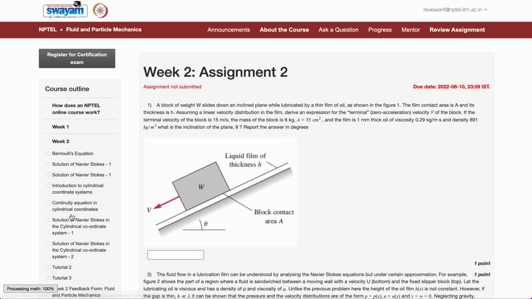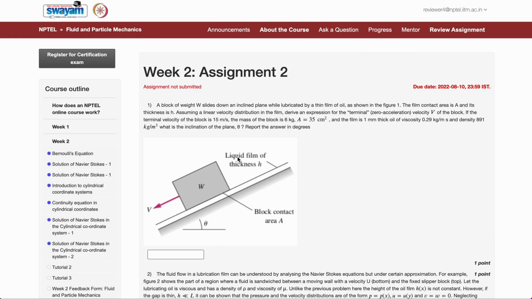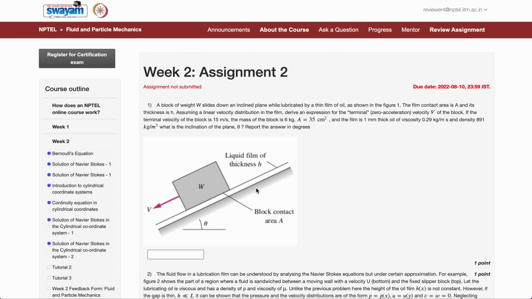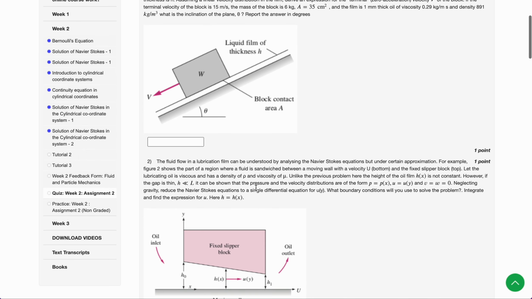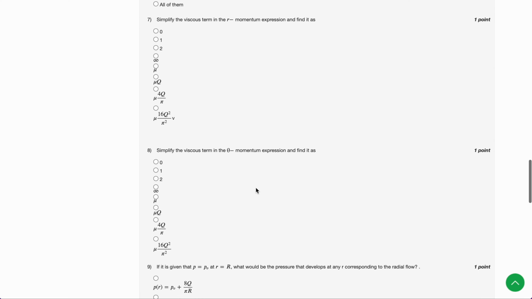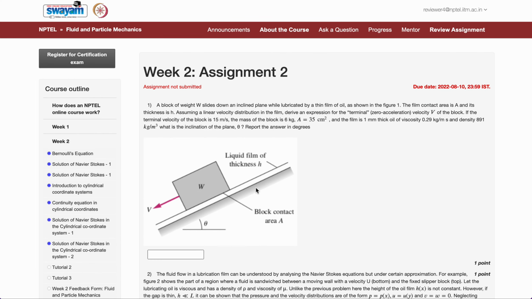Are you able to see my screen? Yeah, the screen is shared right now. Okay, fine. Understood. So in this week you have a lot of things, right?